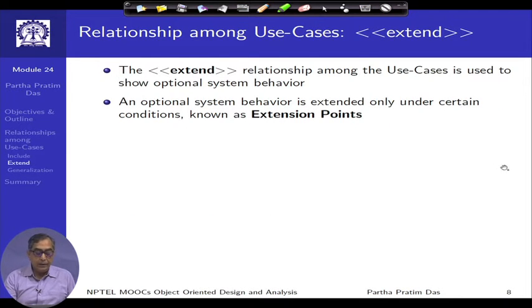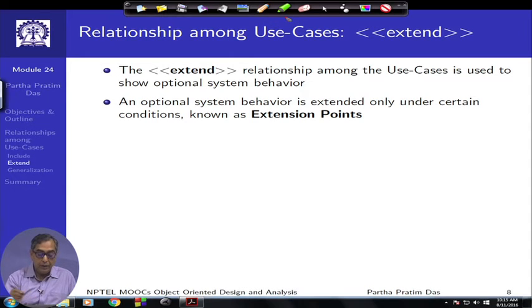The second relationship between use cases is known as an extend relationship. Extend relationship is kind of an optional, adding an optional behavior among the use cases. So, it can be used to add some optional behavior to what has already been defined for a use case.